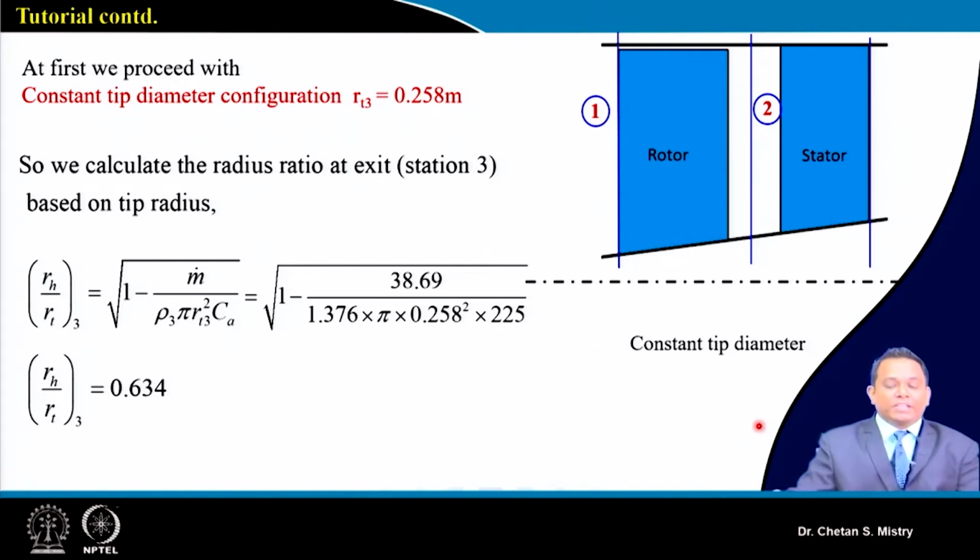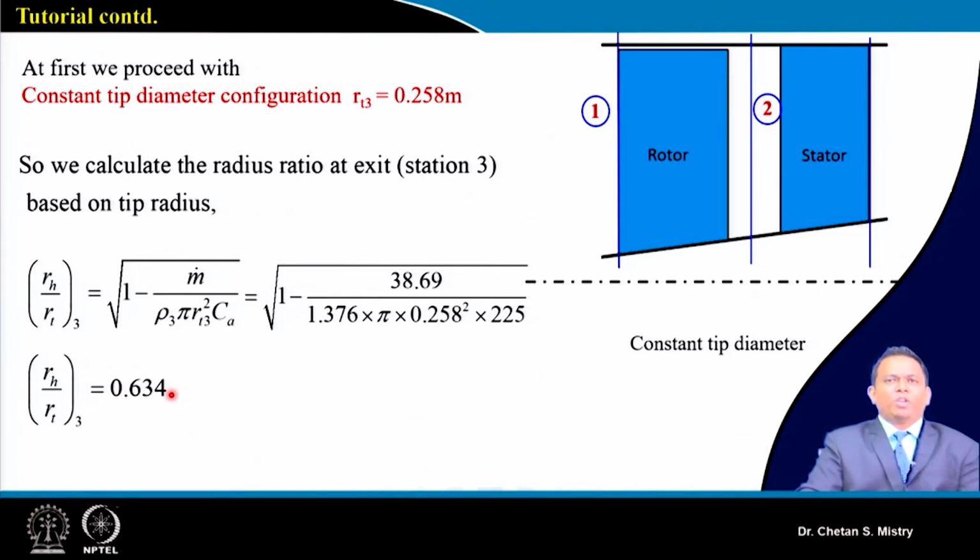Okay, so here in this case, let's see, we will be taking our tip radius to be 0.258 meter. If that is your case, we can calculate what our radius ratio will be. You can see my radius ratio is coming to 0.634. Okay, so this gives you an idea.